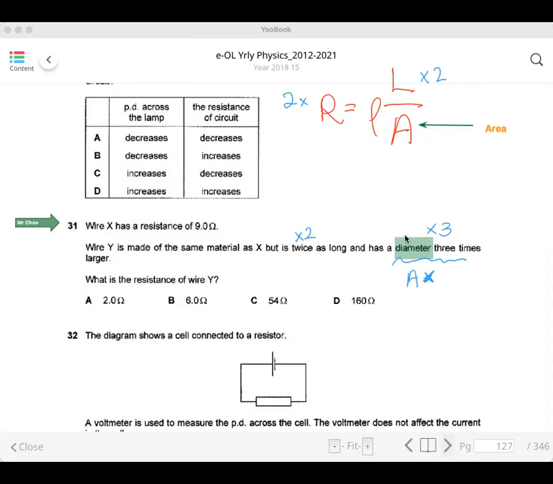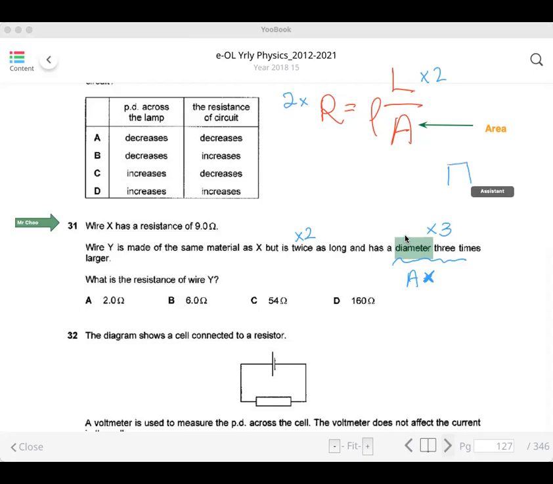Think about it. How do you convert length to area? If your length is 3 times longer, what happened to your area? If you don't remember the maths, you can use your calculator.